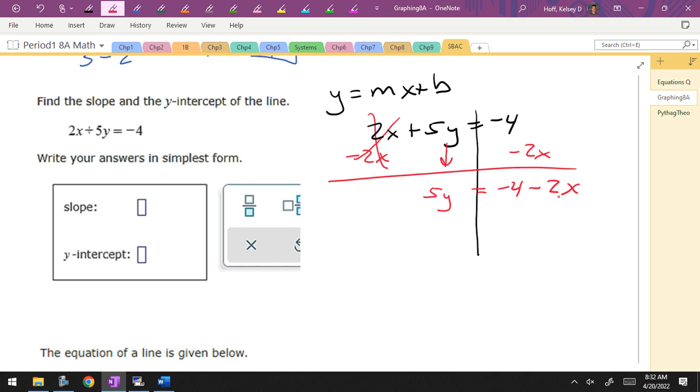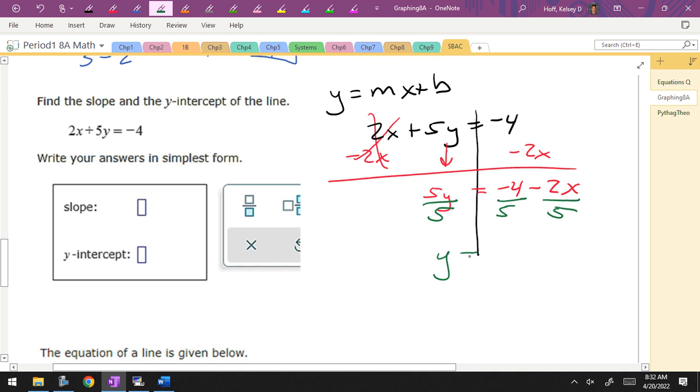One last thing we have to do to get y by itself. Careful, don't minus. We got to divide here, right? Because this is 5 times y. Got to divide by 5. And Miss Hoff's going to warn us, divide everything by 5.